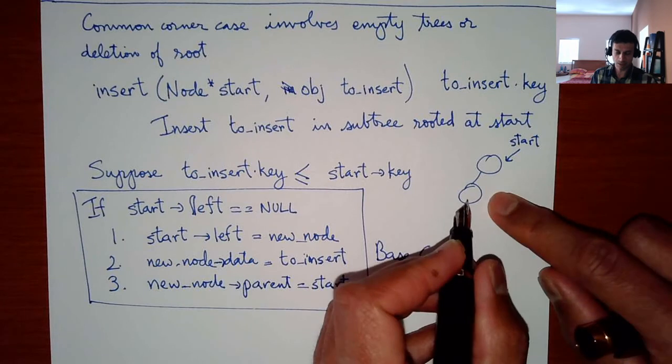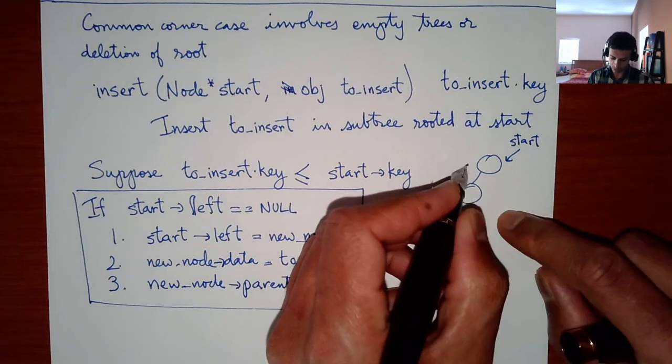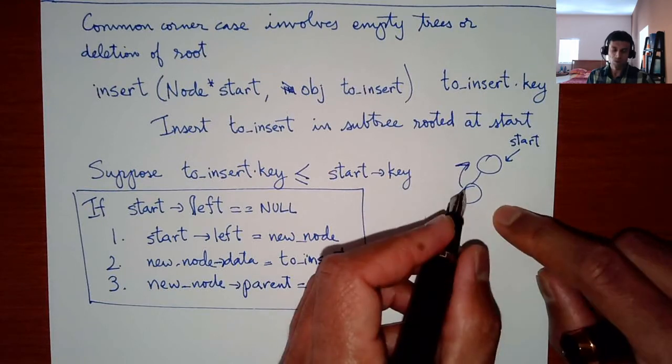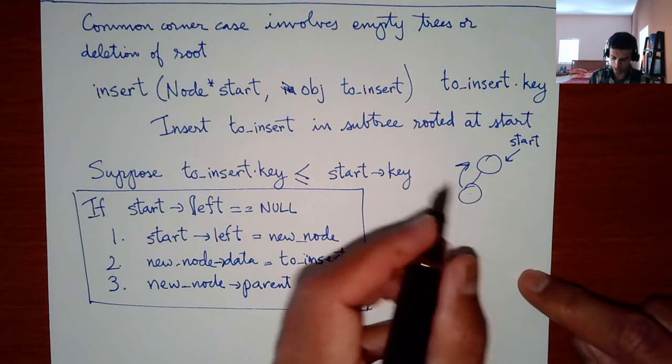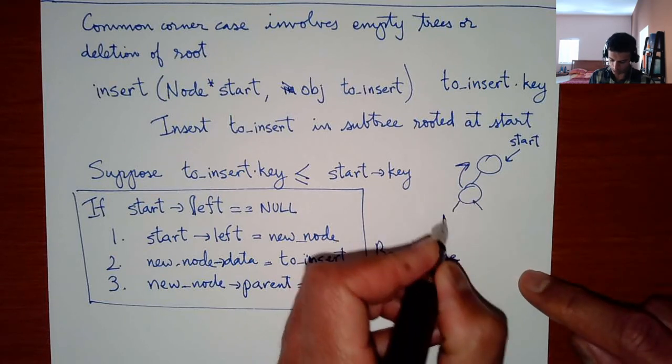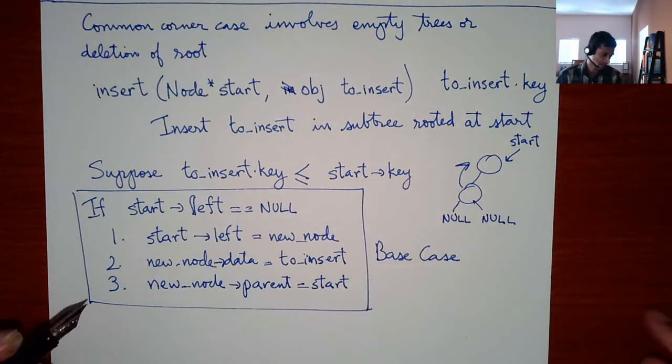We'll put the appropriate data in here, and then we'll just set the parent pointer to start. I haven't written the constructor of the new node, but you can assume that if you create a new node, then these pointers are just going to be null because this is a new node. So this is the base case.